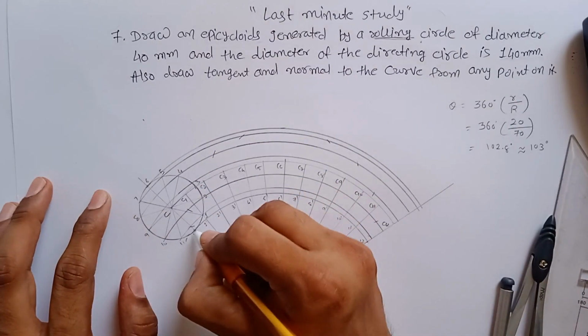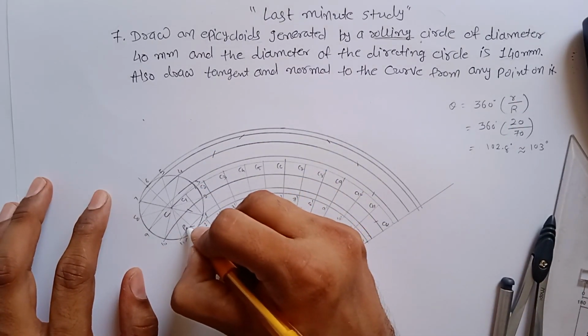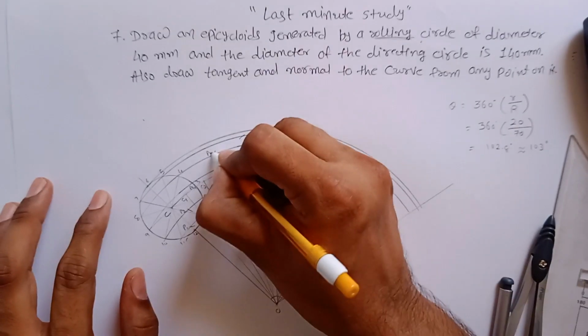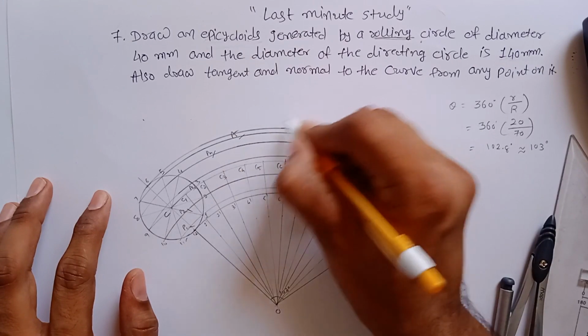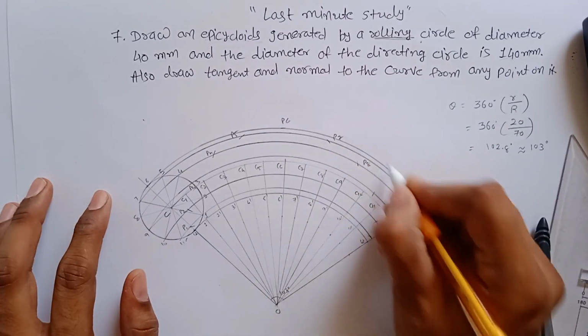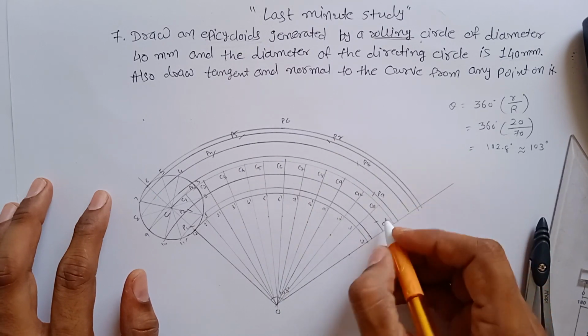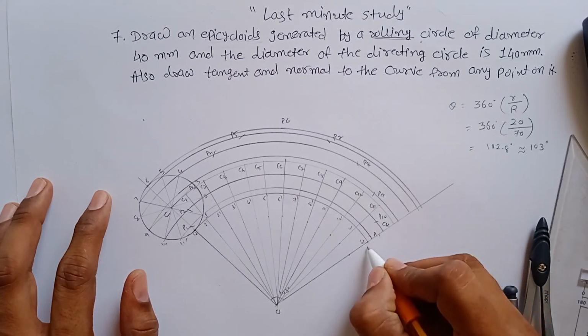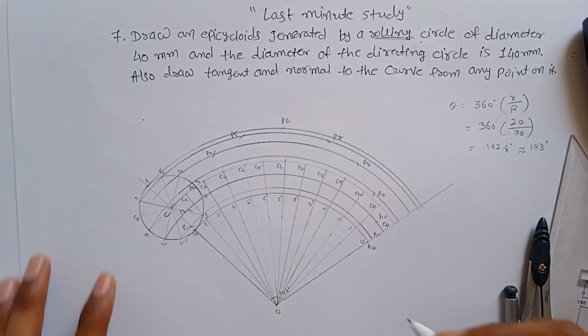Now label these points as P1, P2, P3, 4, 5, 6, 7, 8, 9, 10, 11 and 12.